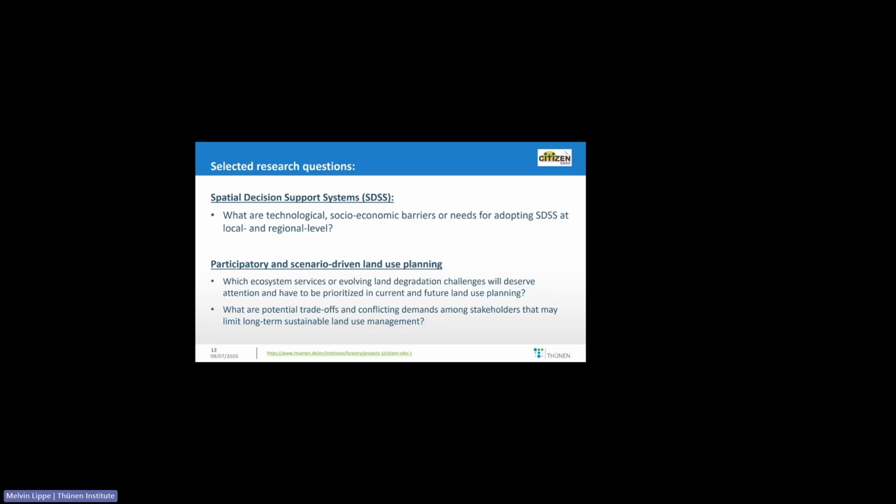On the other side, if we are working in a co-design and bottom-up approach, we focus on participatory and scenario-driven land use planning. Here, of course, the question is, where are the trade-offs? Which ecosystem services will prevail, which will be challenged by land degradation, and which is important to prioritize now and in the future?